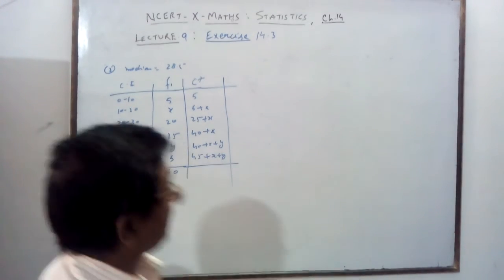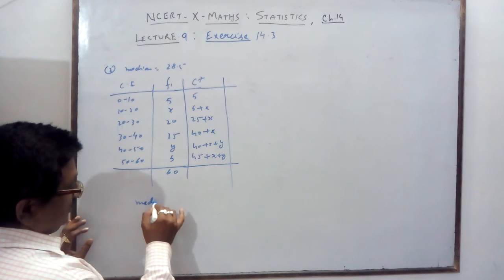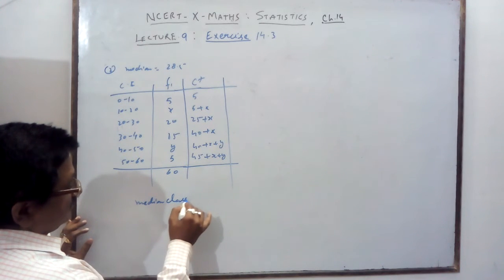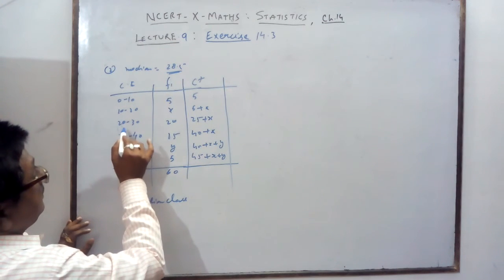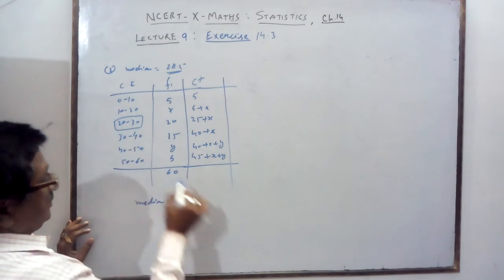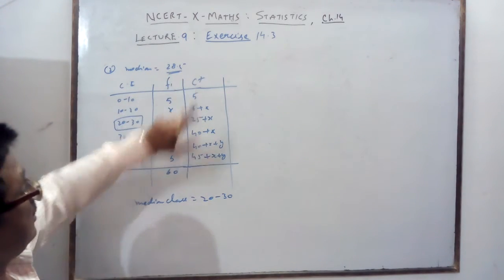So median class is given. What is given? Median class, because median is 28.5, so median class will be 20 to 30. Between 20 and 30.